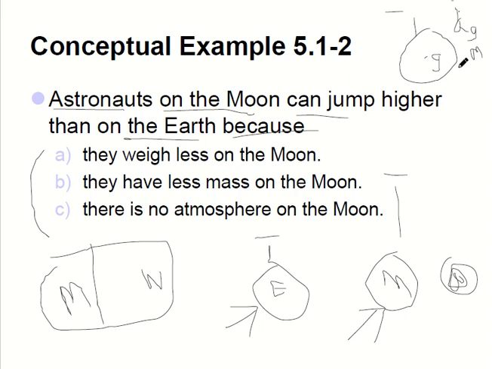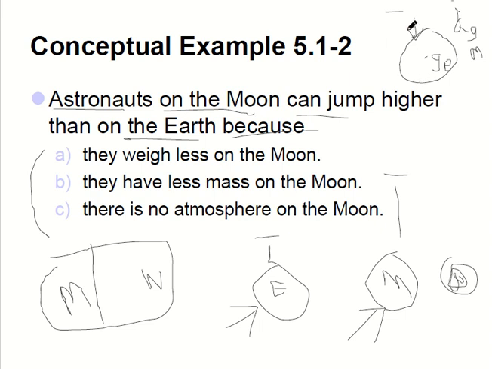When you compare the gravity, your weight depends on the acceleration due to gravity. The Earth's gravity is bigger than the moon's gravity, so it is going to pull your body down with a bigger force.